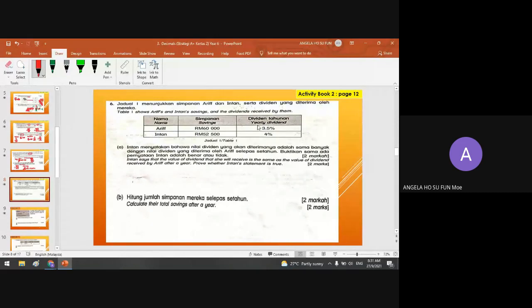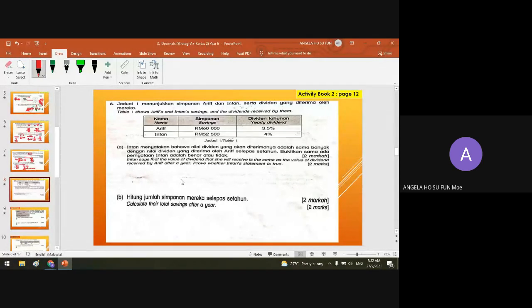If I were them, I would definitely go to the bank that gives me more dividend so that I will be rewarded more. If I were in this position, looking at the yearly dividend rate, I would definitely follow Intan, because the dividend given in her bank is higher compared to Arif's bank.